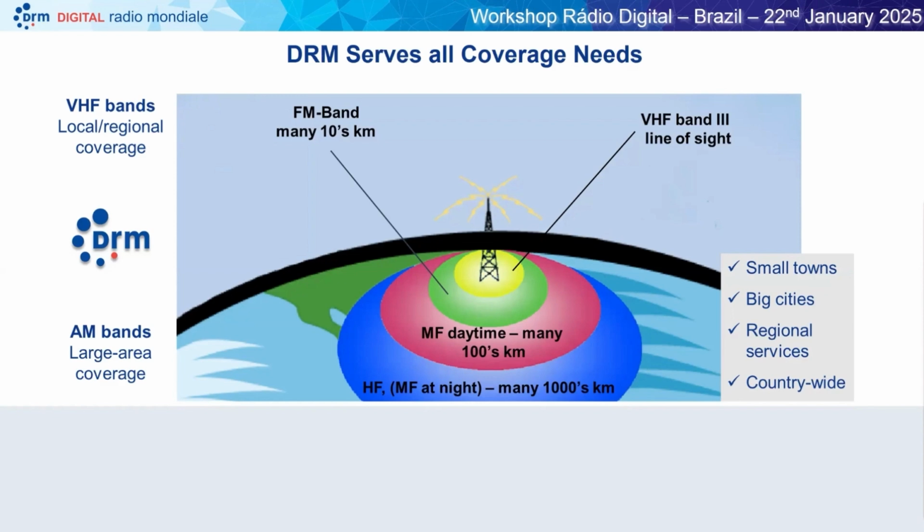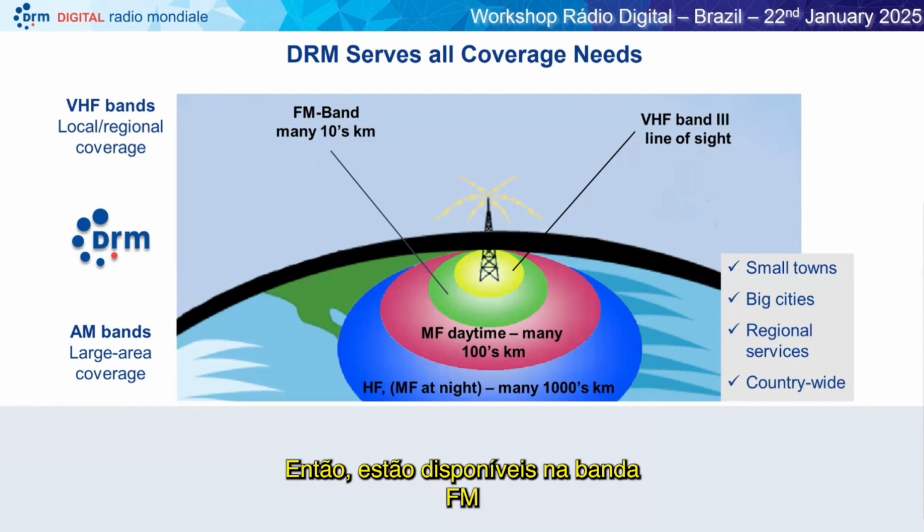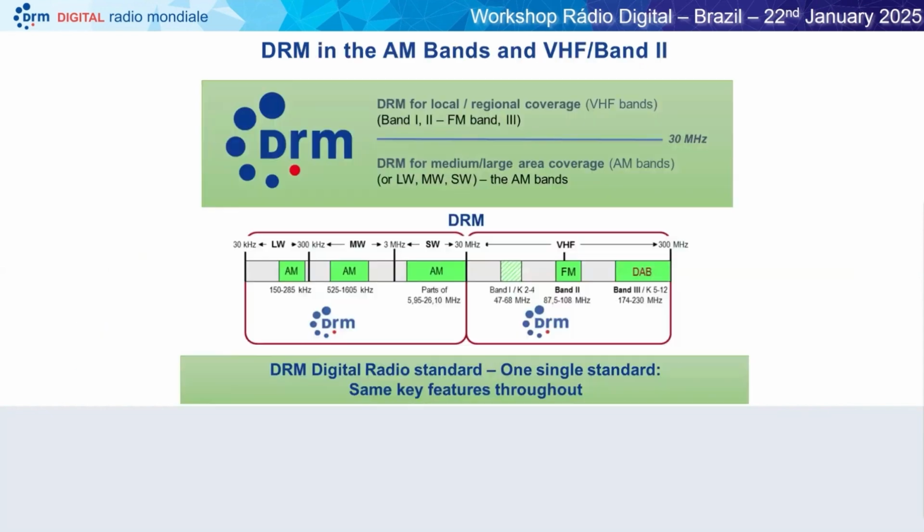Everything is possible, and all the features that you have seen, like emergency warning, pictures, slideshows, Journaline, whatever I just spoke about, are available in all modes. So they are available in the FM band and on shortwave, for example, as well.